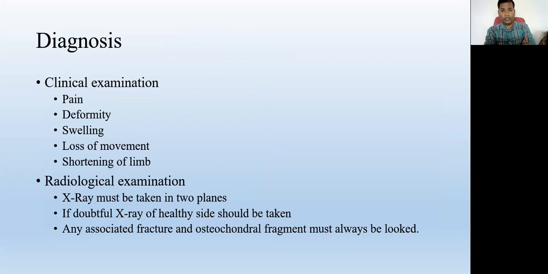Second, the deformity. If there is distortion of the anatomy of that joint after the subluxation or dislocation, that may cause a particular kind of deformity in that joint. If you suspect any kind of deformity in a particular joint, then you may suspect that the joint is dislocated or subluxated.